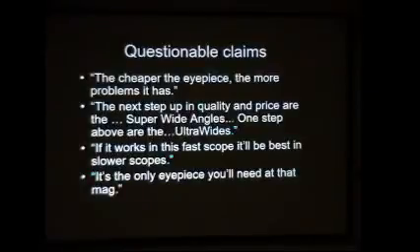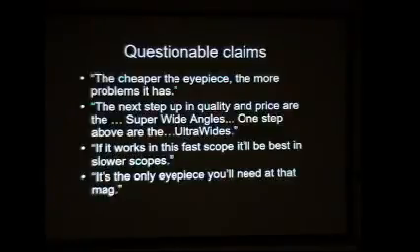Then you're going to hear this, and this is an actual quote, saying the next step up in quality and price are the super wides. One step above are the ultra wides. So the marketing people are saying wider is better. Well, you'll have to decide that for yourself. I found my range, and anything much more than about 70, well, maybe up to an 80 degree field is plenty good enough.